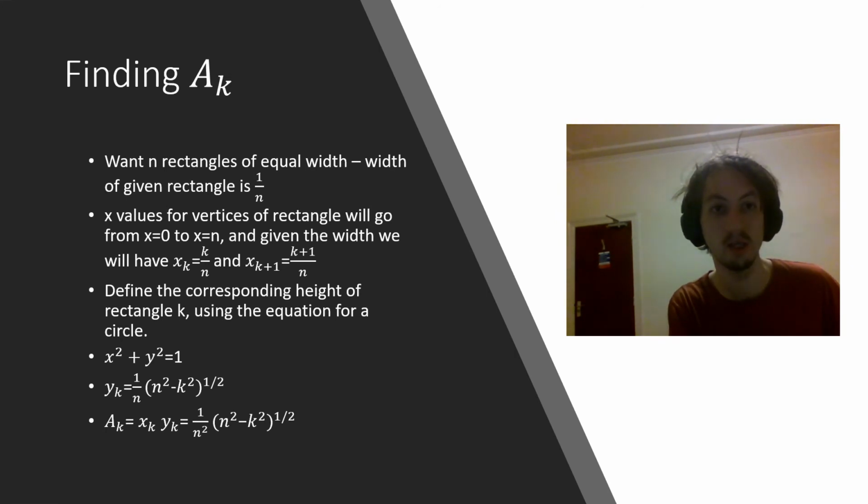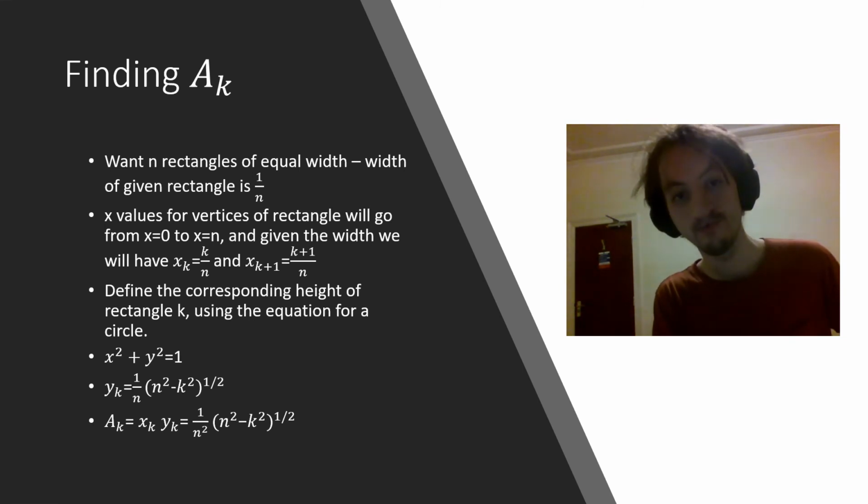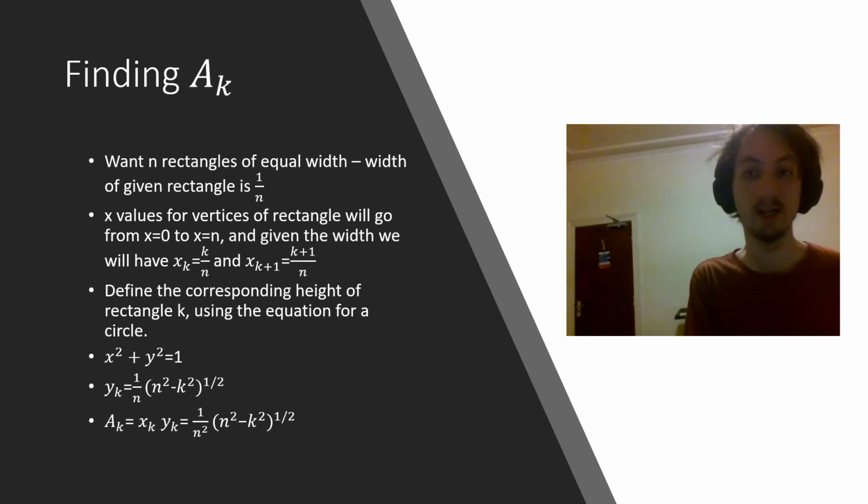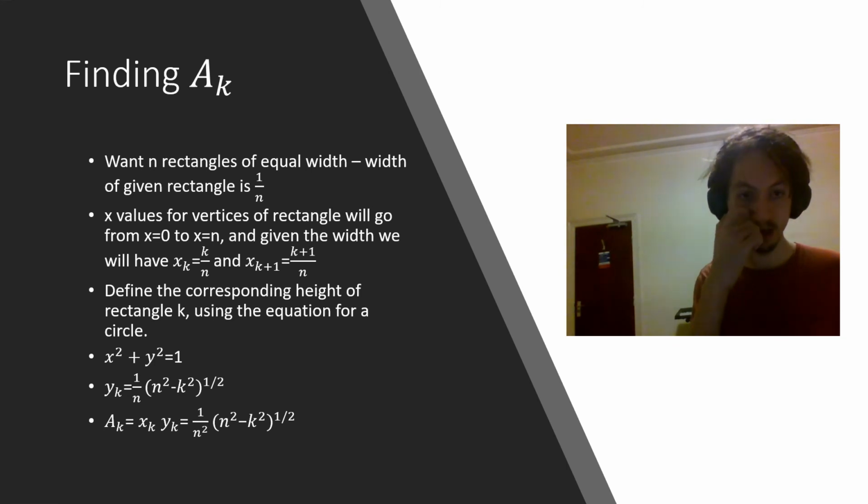And when you substitute x subscript k into x squared plus y squared equals 1, so you substitute x subscript k for x to find the equation for y, or in our case y subscript k, so the height of the kth rectangle, you end up with y subscript k equals 1 over n, lots of n squared minus k squared to the power half. Where, a reminder, to the power of half simply means square root.